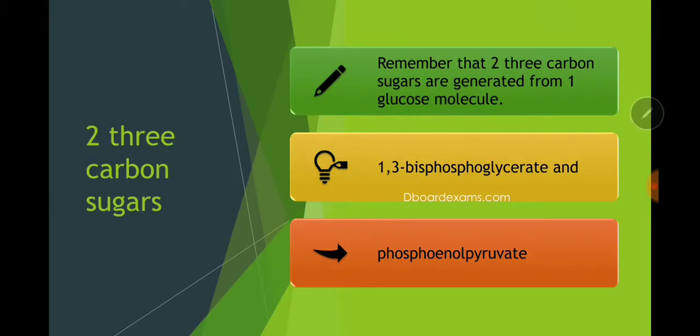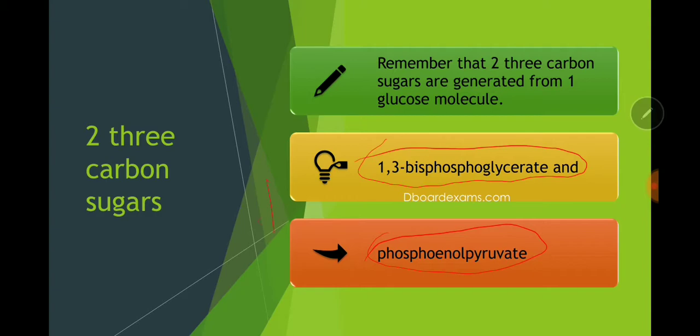All right, so you have to know that 1 molecule of glucose has 6 carbon molecules, and the 6 carbon molecules are divided into 3 carbon sugars. The 3 carbon sugars are 1,3-bisphosphoglycerate, and the other one is phosphoenolpyruvate.